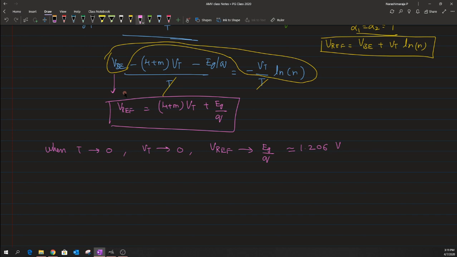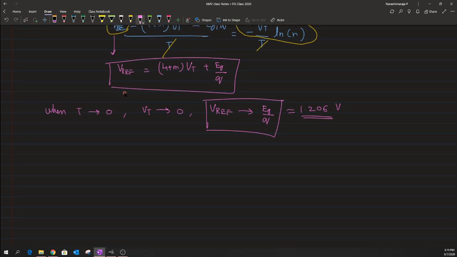This is the energy band gap voltage value, and it is because of this relation that it is called a band gap reference voltage. The value of Eg/q gives us a result of about 1.2 volt.